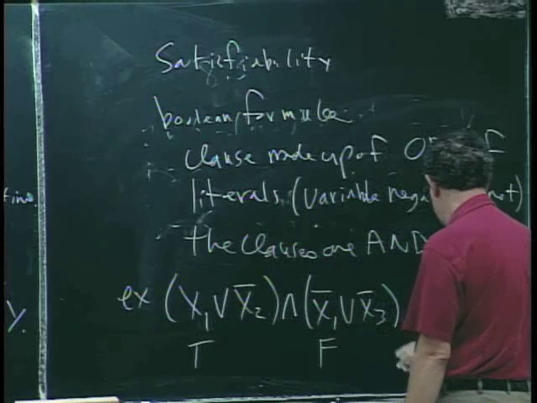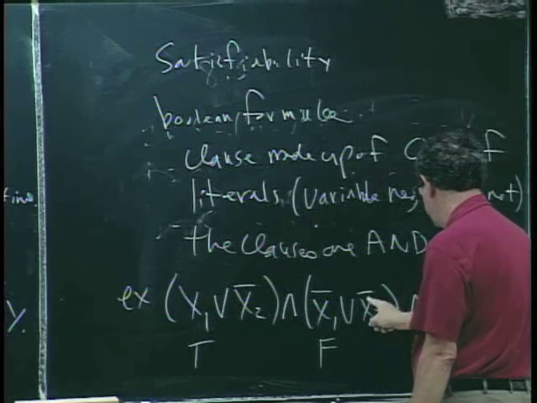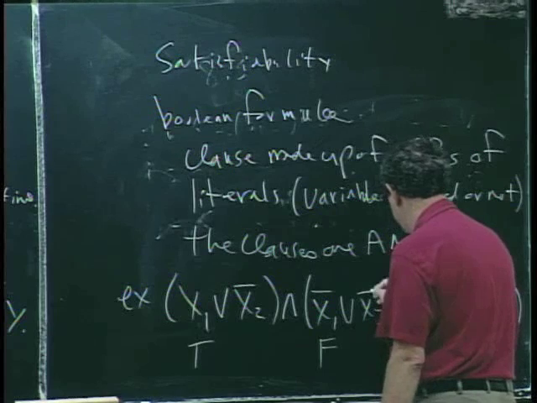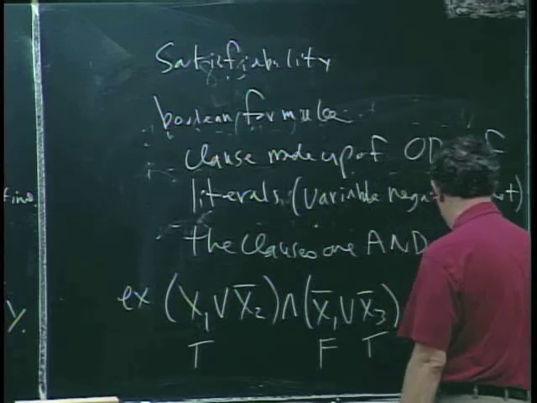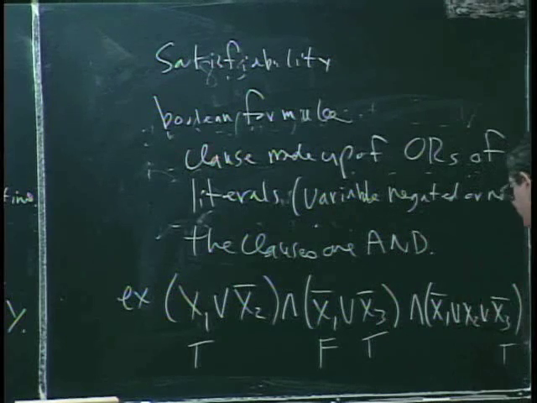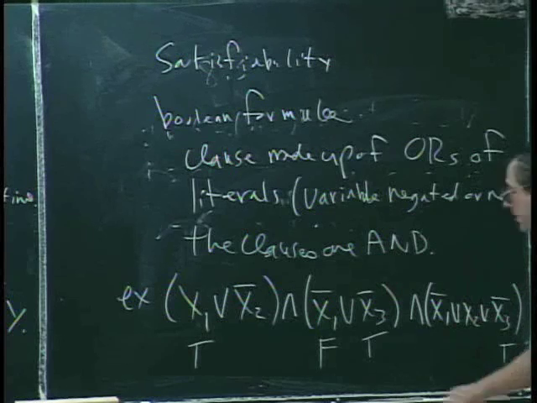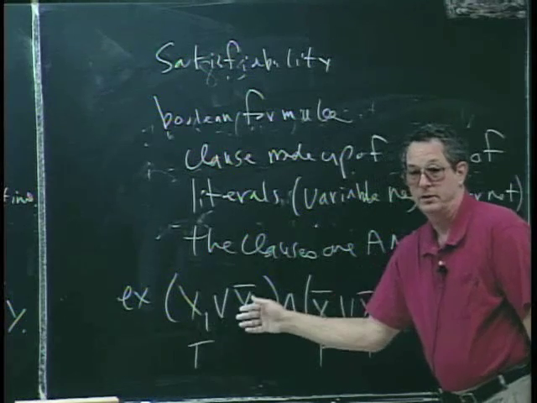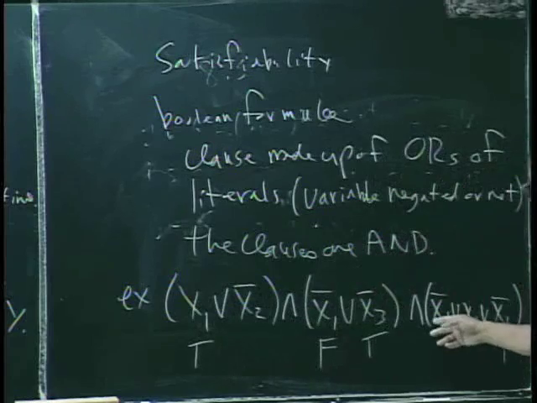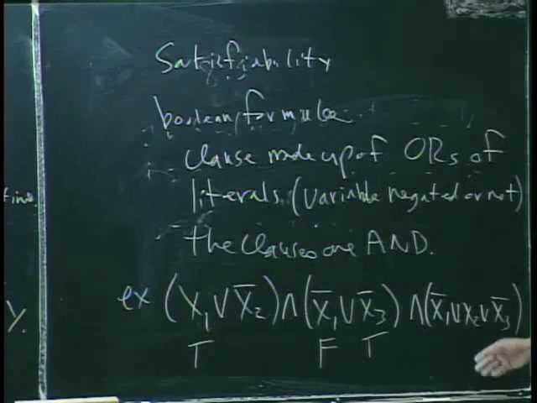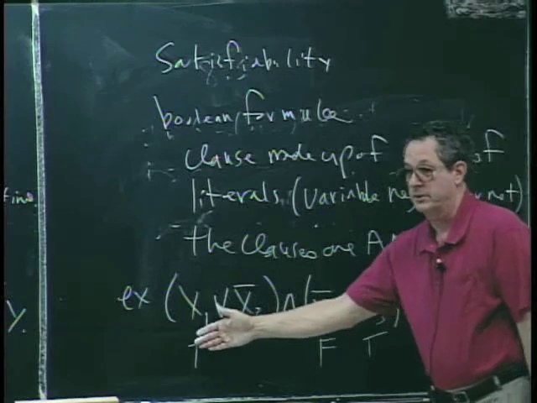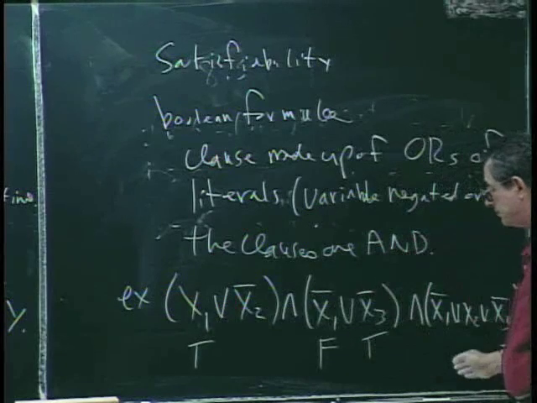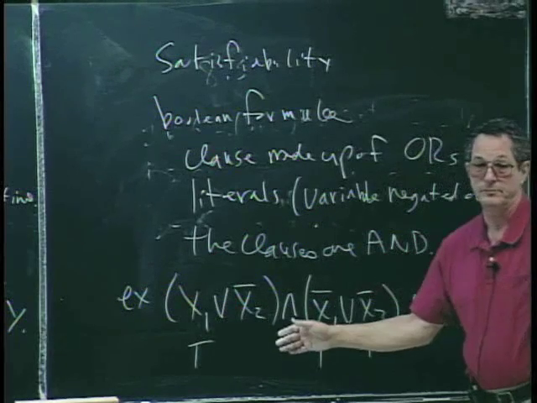If I make x3 false, that makes x3 bar true. And here's another x3 bar, that becomes true. And this is an OR in here, so all you need is one true to make that clause true. These are ANDs. You need each one of these clauses to be true. So this is true, and this is true. And so we see here a way of making this Boolean formula true.